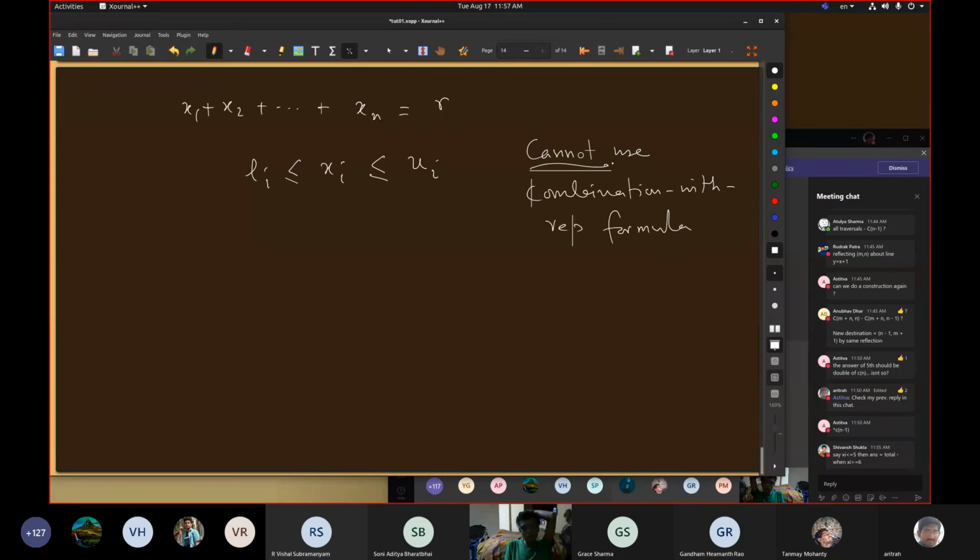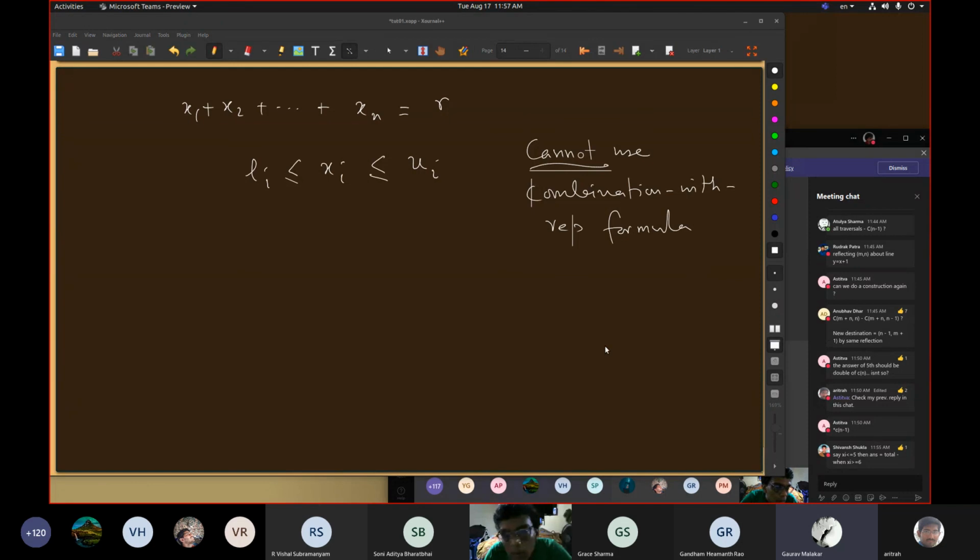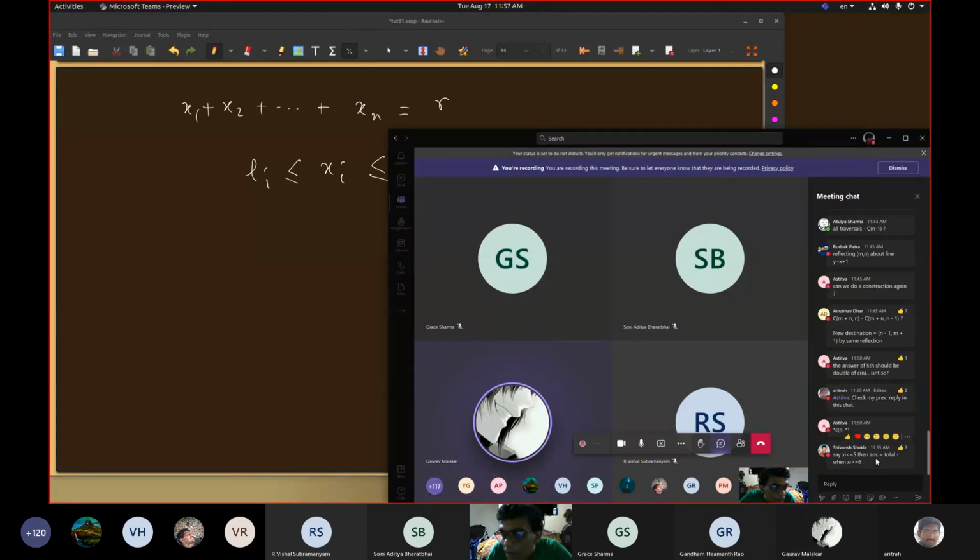You can make the lower bound a certain value so that a single variable doesn't cross the upper bound. If there is a single variable, xi less than or equal to 5, then the answer is the total minus the cases when xi is greater than or equal to 6.